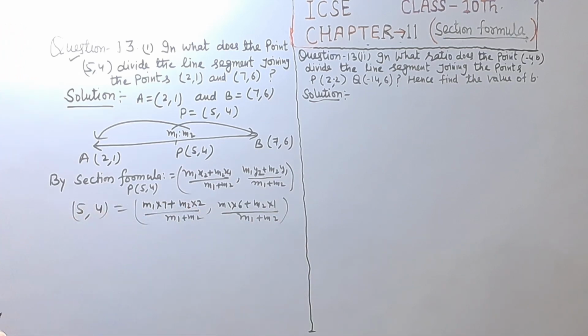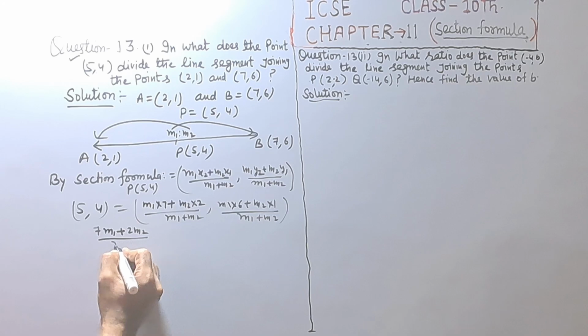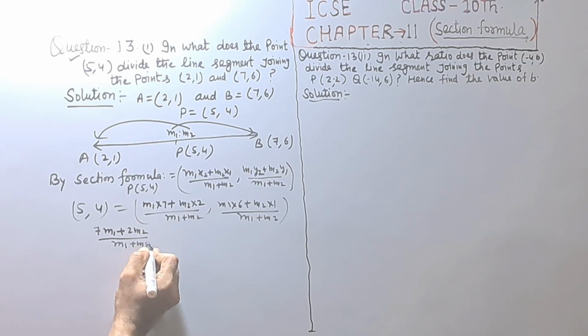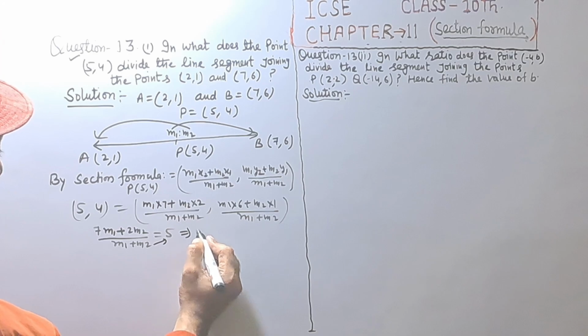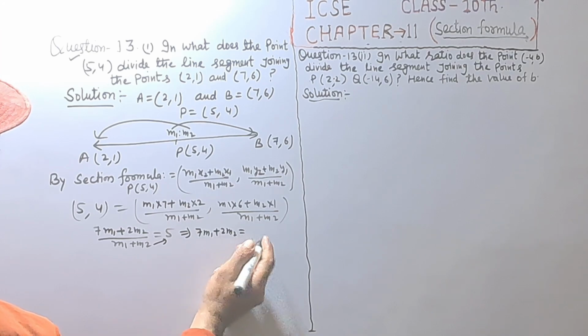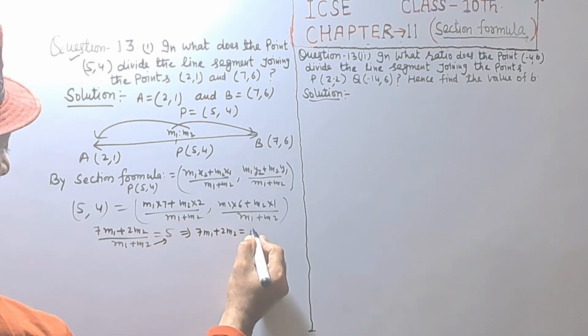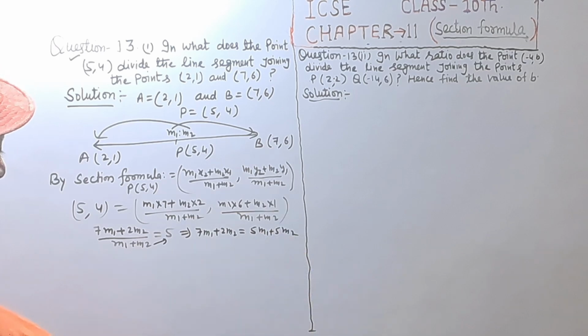First point is equal to 5. We find the ratio, that is (7M1 plus 2M2) divided by (M1 plus M2) is equal to 5. Cross multiplying, 7M1 plus 2M2 is equal to 5M1 plus 5M2.